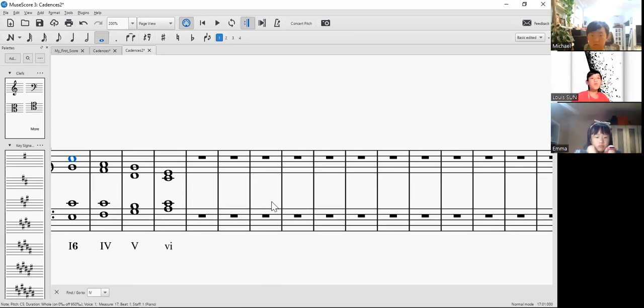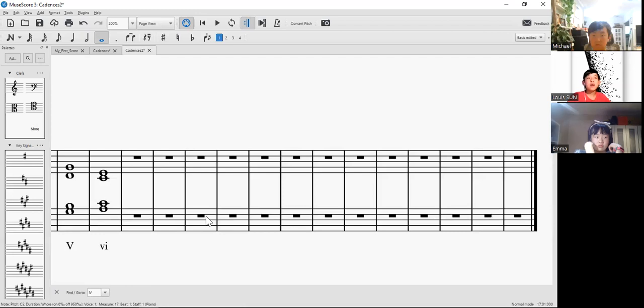Let's try 1B, 2, 5, 6. So the bass note, 1B, 2, 5, 6, and then the other one was 2, 2, 5, 6. Actually, I think I'm going to put the bass down an octave.